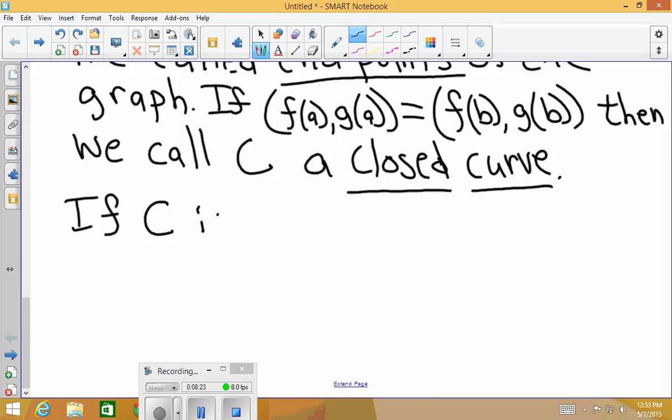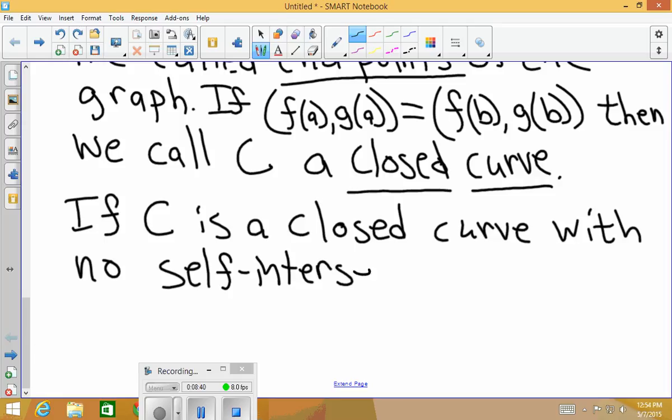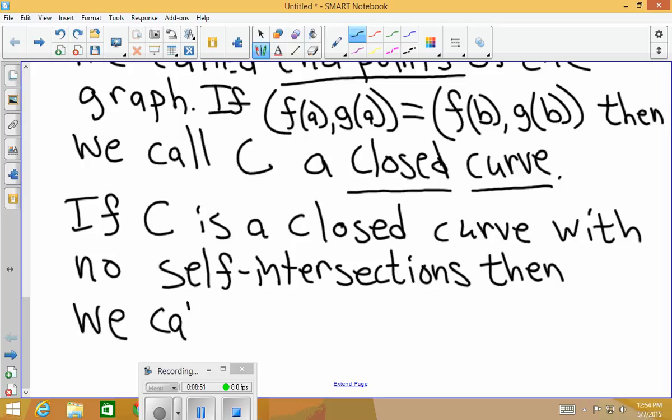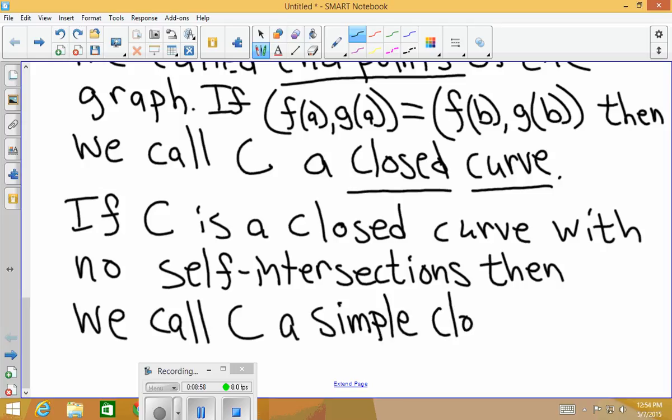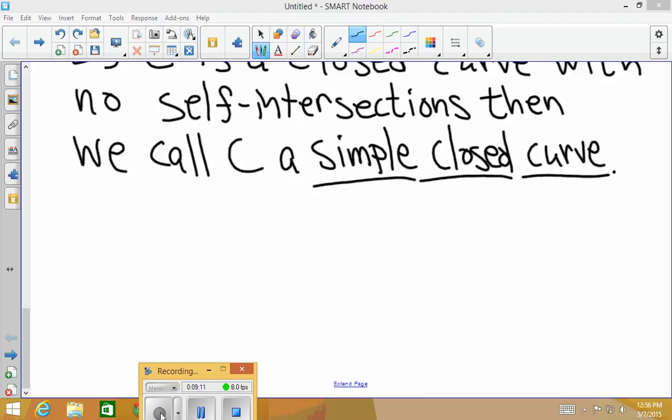If the curve is a closed curve with no self-intersections, in other words, the curve does not cross itself, then we call it a simple closed curve. So just to look at a couple of potential graphs.